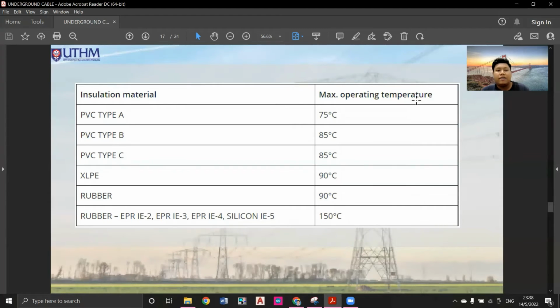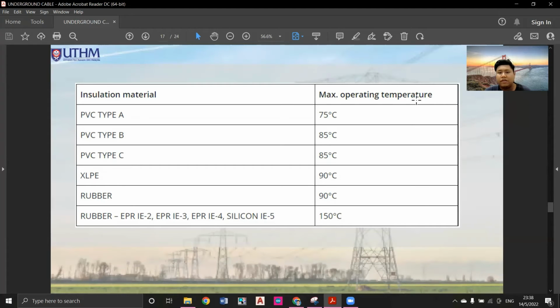So this type of insulation material has many types. What I show in the table is just the types of material used for the Malaysia area. For PVC type A, the operating temperature is only 75 degrees Celsius.